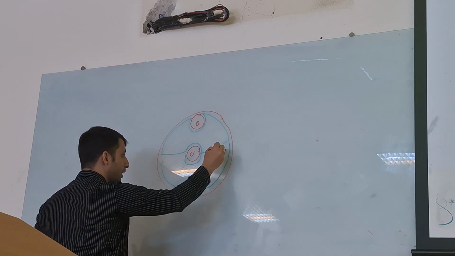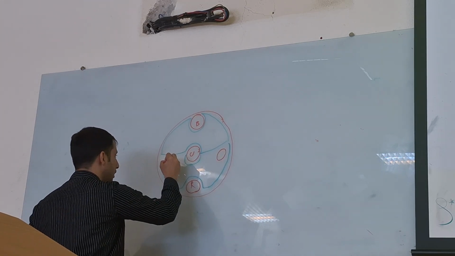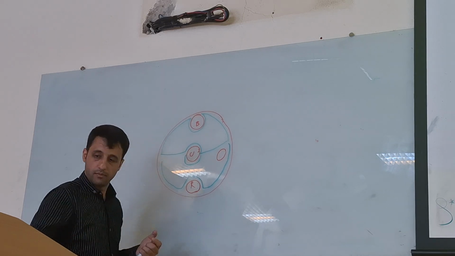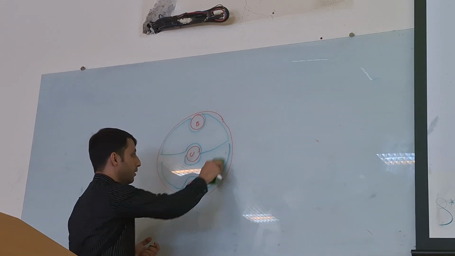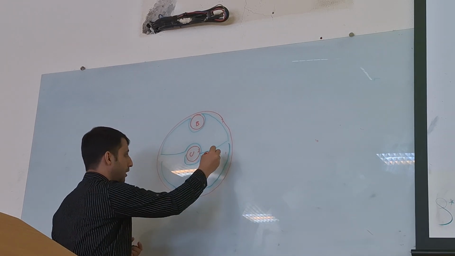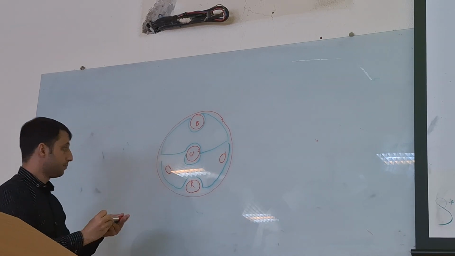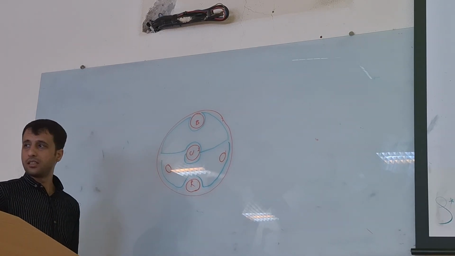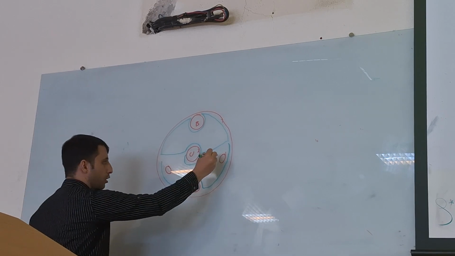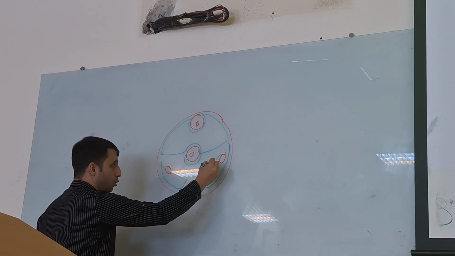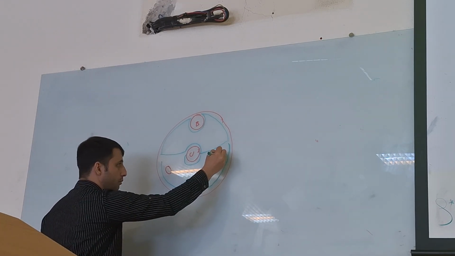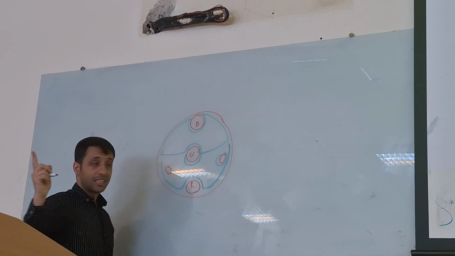So if the ovary is here, in this area and in this area, I say that it is an intraperitoneal organ, yes? All of this area is covered by peritoneum except the anterior border.